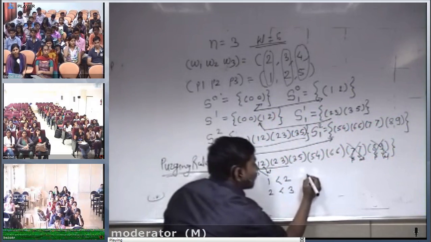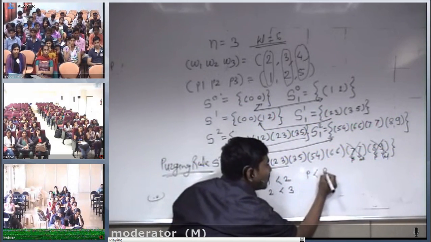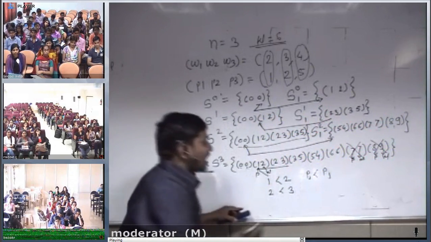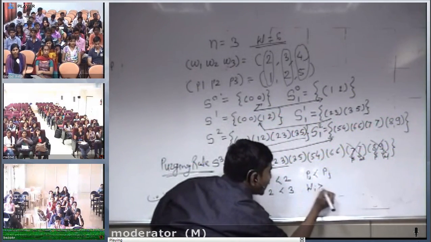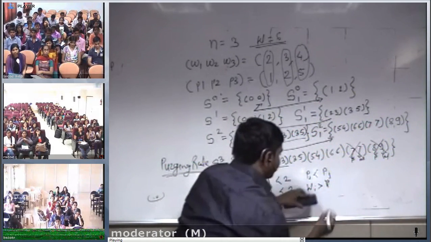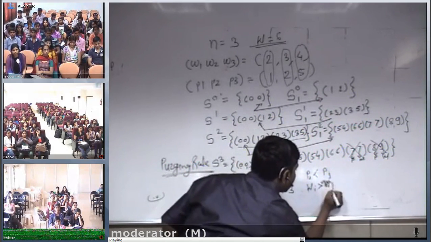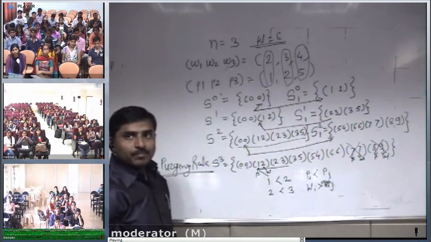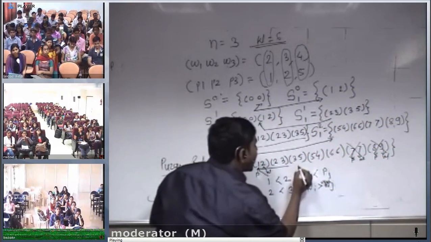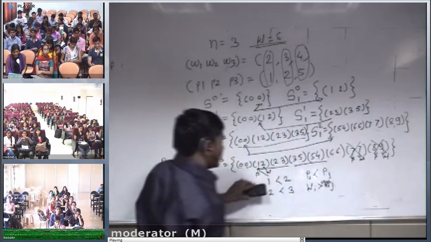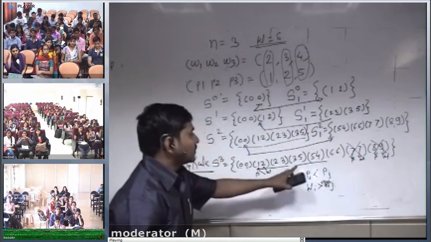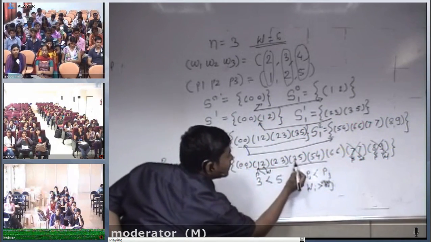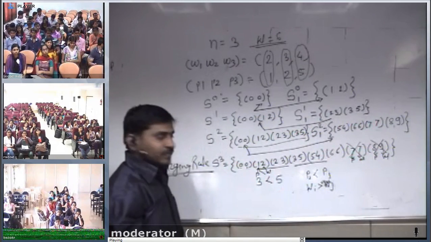What is our rule? Profit Pi is less than Pj, and Wi is greater than Wj. Does it satisfy this condition? No. So I am not taking this pair. If I consider the next pair, the profit of this pair, 3, is less than 5, okay.